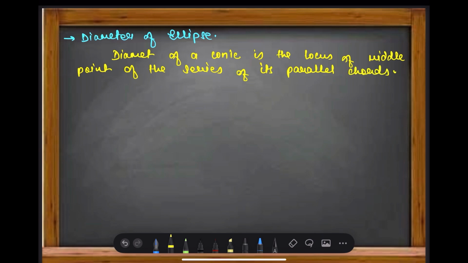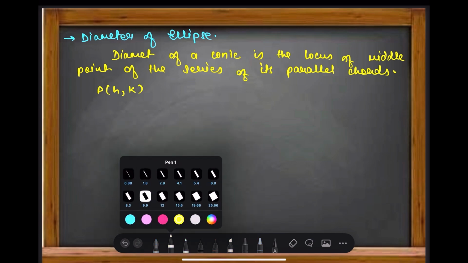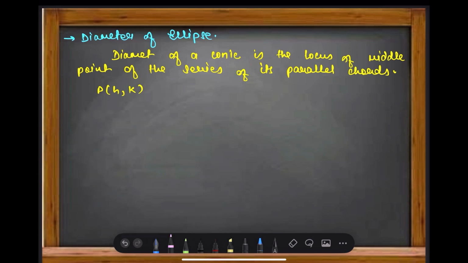Okay, so what we have to do, we will imagine a point P as (h, k). Now we will apply this situation. We will write T equals S1. What is this? It is the equation of chord if midpoint is given.